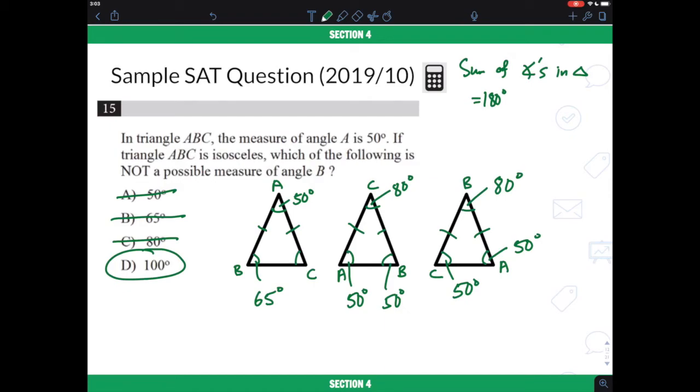Since the question did not indicate which letter is the vertex, every single letter, A, B, or C, could be the vertex. That's why we draw 3 triangles, and we assume that these are all possible, and we look into every single one of these scenarios.